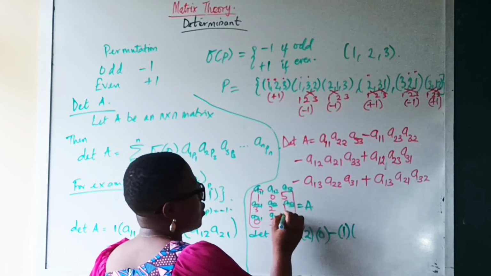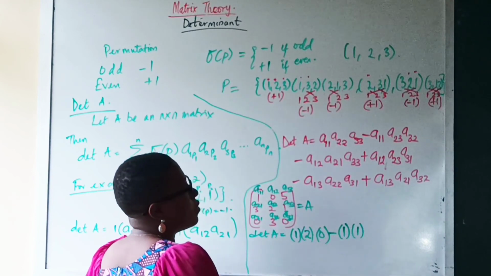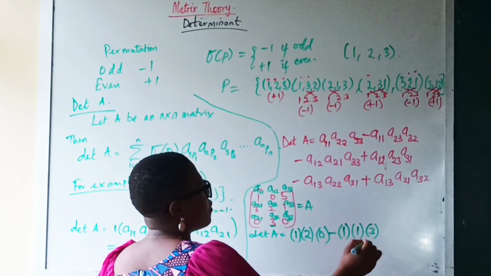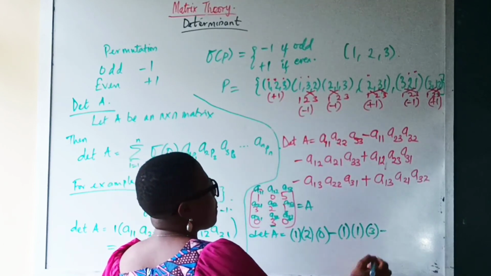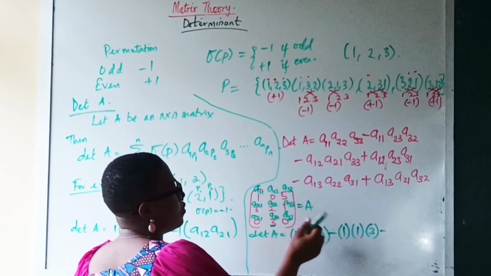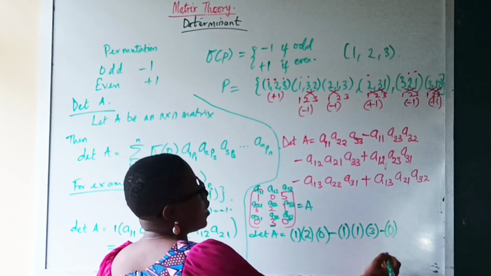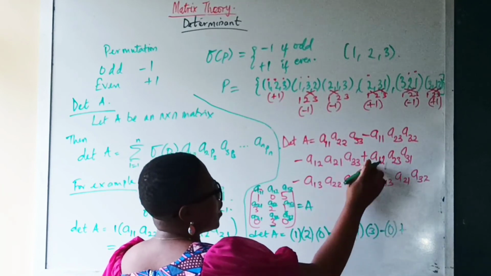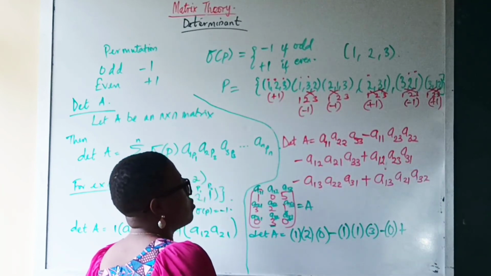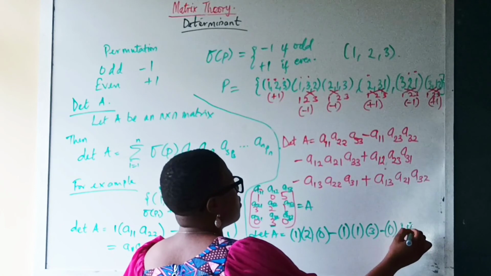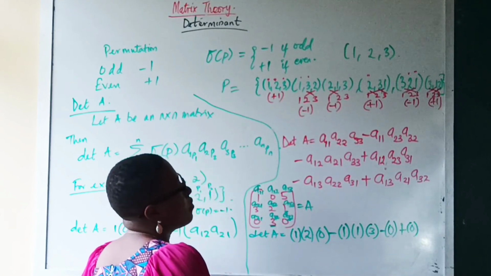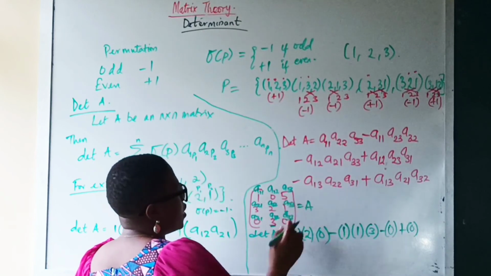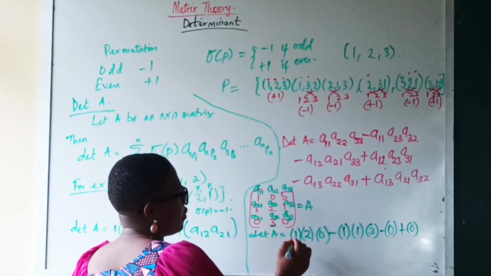It's 1, 2, times A32, this is A32, 3, minus A12, 0, plus, A12 is still 0, minus A13, where's A13? 5.